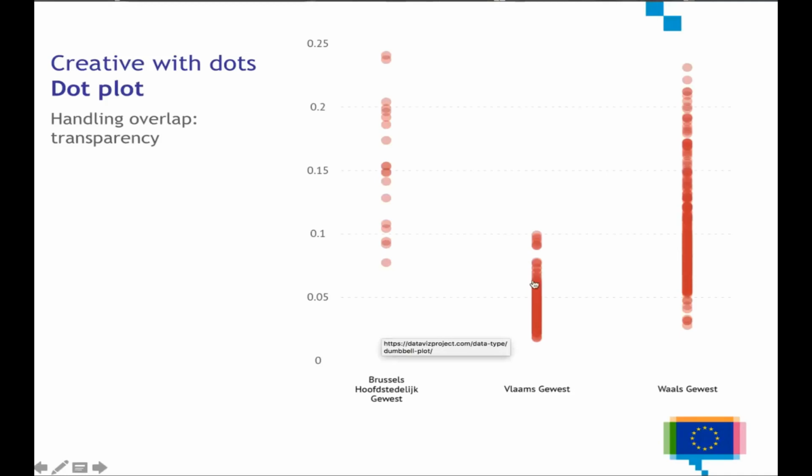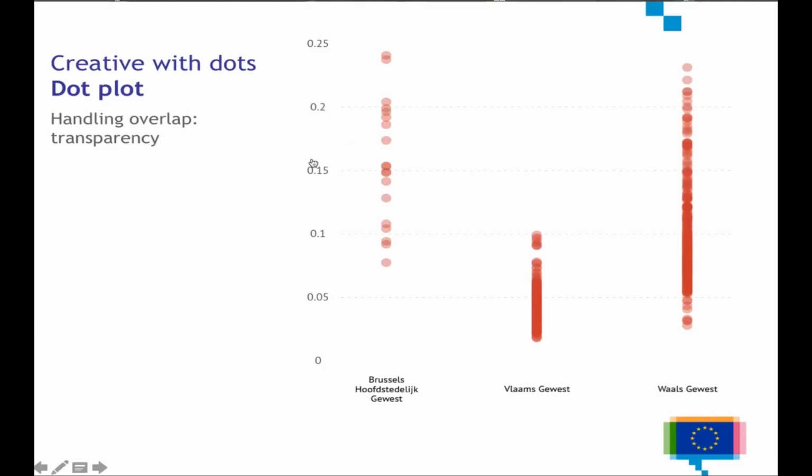Flanders has one big cluster here, so the data is about unemployment rates. And in Wallonia, you can see that the range is much bigger, and you have a cluster around 10%, and you have some values stretching all the way almost to 25%. So transparency can help you identify clusters when dots start to overlap.